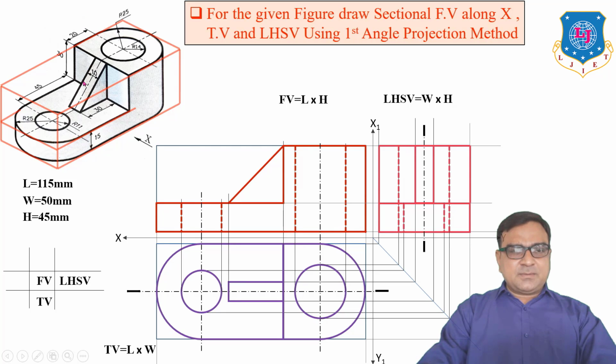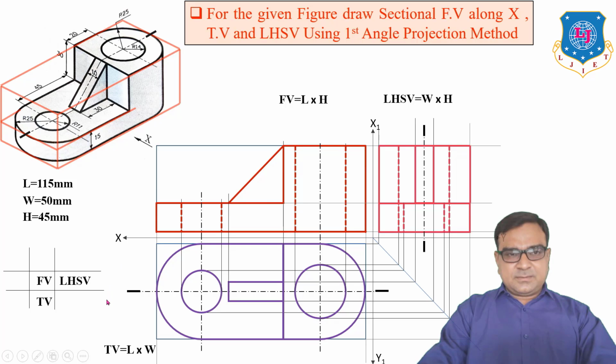So if you cut the object with the cutting plane, and remove this half portion and observe the remaining half, then at that time the holes are visible, these two holes visible in the half portion. So for this sectional front view, we have to use this cutting plane.